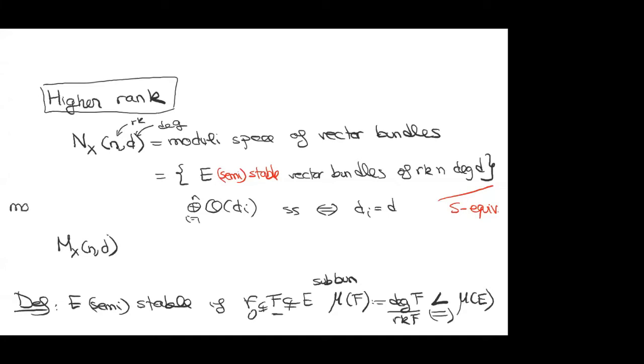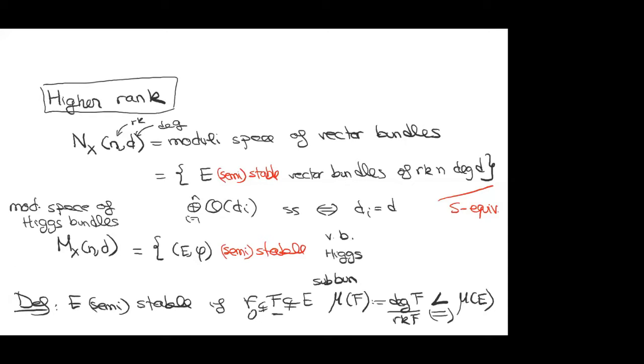So this is the moduli space of Higgs bundles, whose closed points are pairs of, again, semi-stable, I'll define in a minute, pairs given by a vector bundle and a Higgs field.